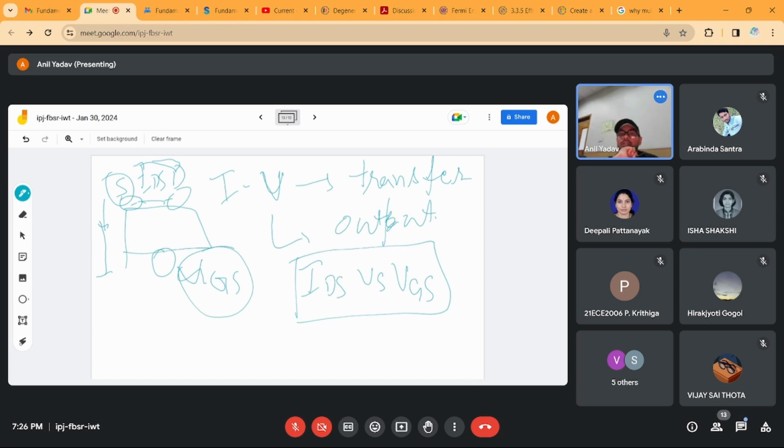From this curve we can calculate the mobility mu. Whatever material we are studying, we make the FETs, take the transfer curves, and calculate the mobility. But these mobilities are not the real mobilities.